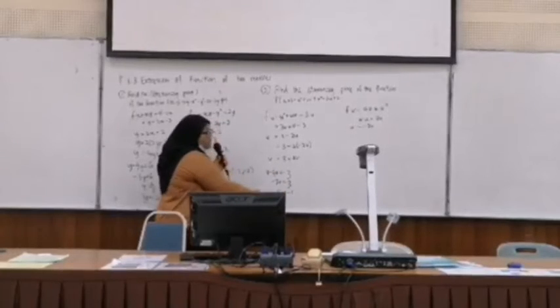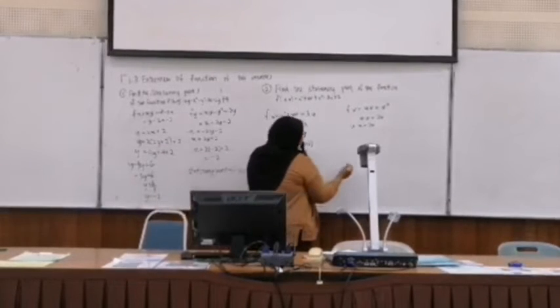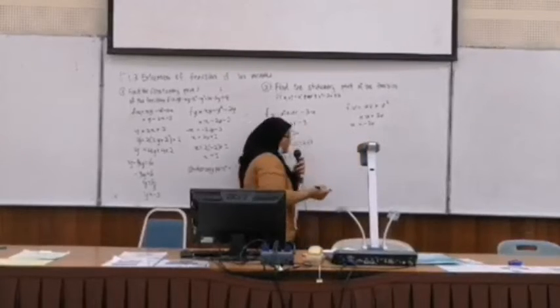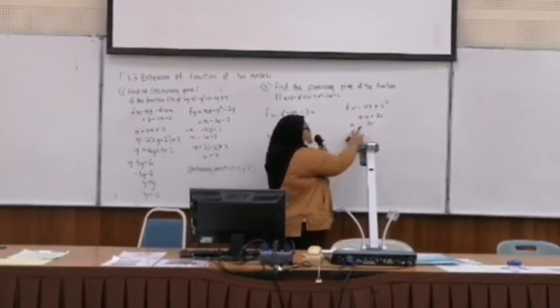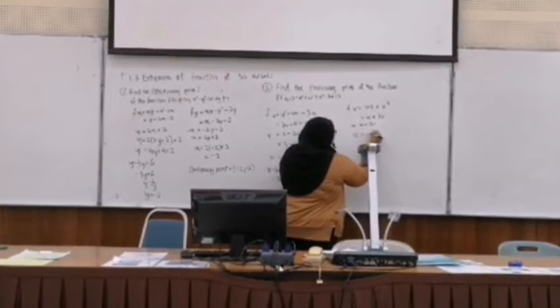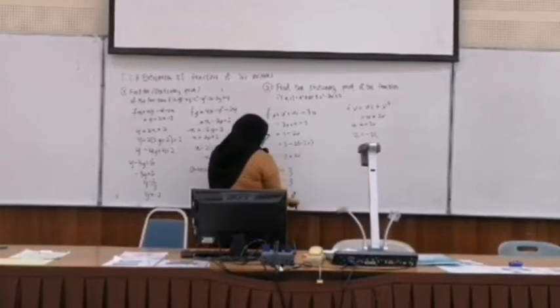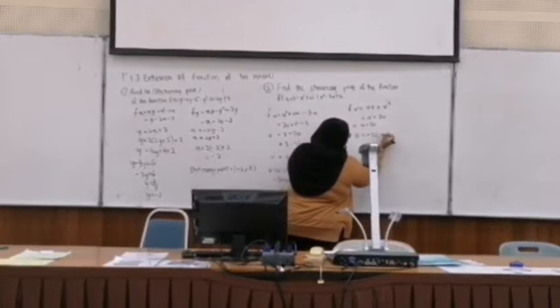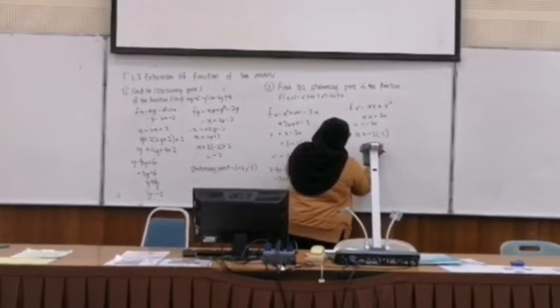So we get the value of v is -1, and we will substitute the value of v into this equation. So u equal to -2(-1), so we'll get 2.